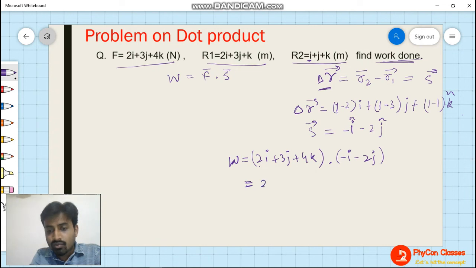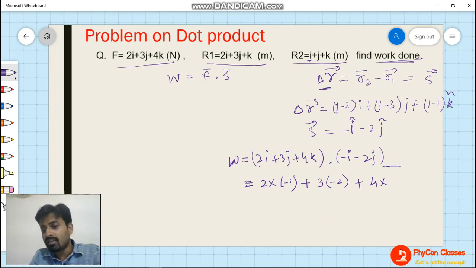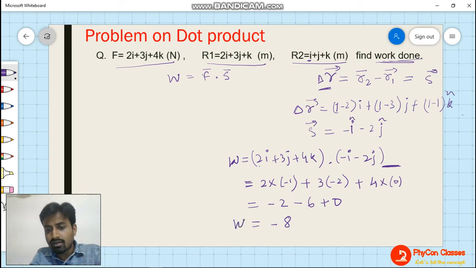So here ax is 2 multiplied with bx which is minus 1, plus ay by, that is 3 multiplied with minus 2, plus az is 4 multiplied with bz. Here the k component is not in the b part, so it will be equal to 0. Clear? So the answer is going to be minus 2 minus 6 plus 0, and that is equal to minus 8. So work done is equal to minus 8 Newton meter.